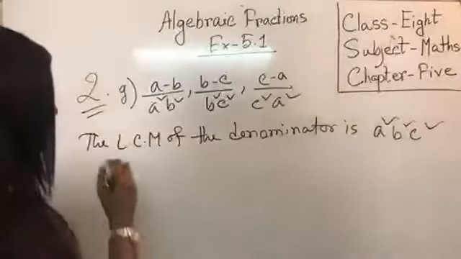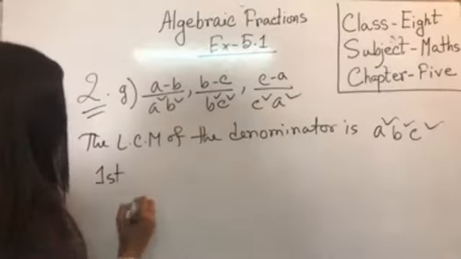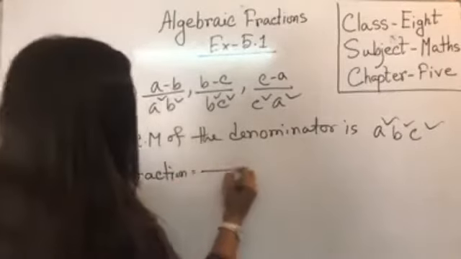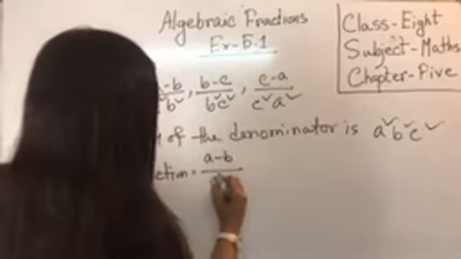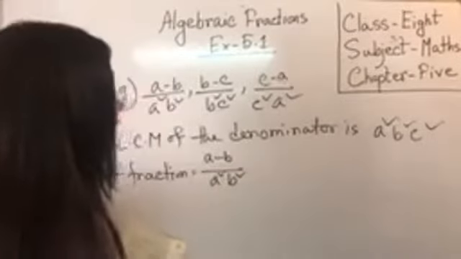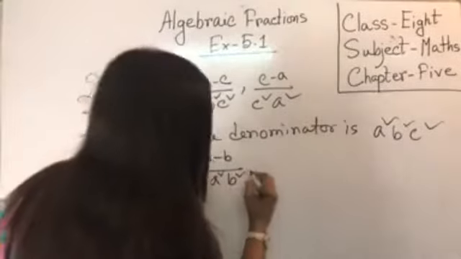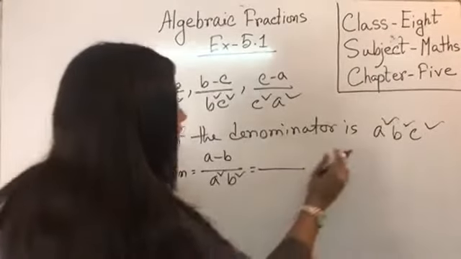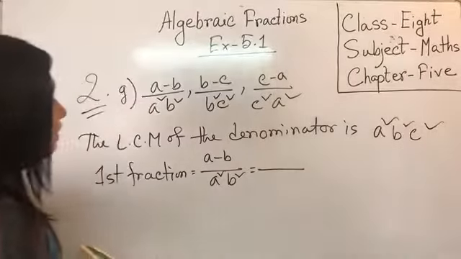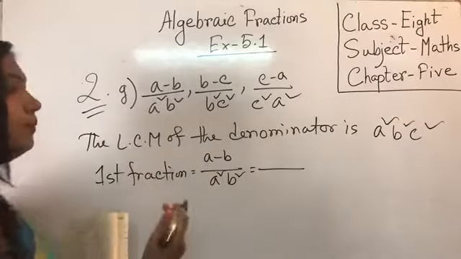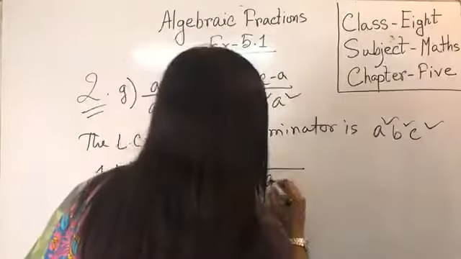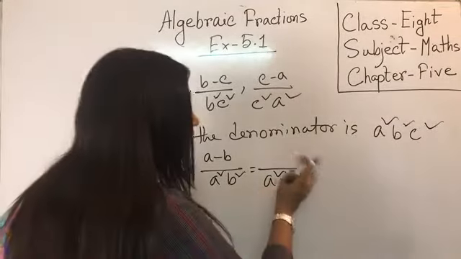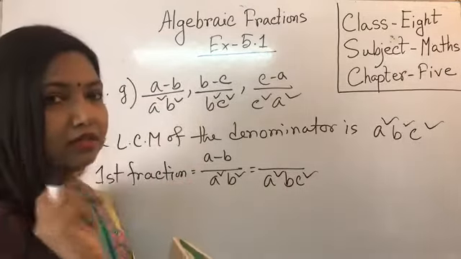Now I can write the first fraction, a minus b divided by a square b square. I have to make the same denominator, so I write a square b square c square, and this c square has to be multiplied with the numerator.